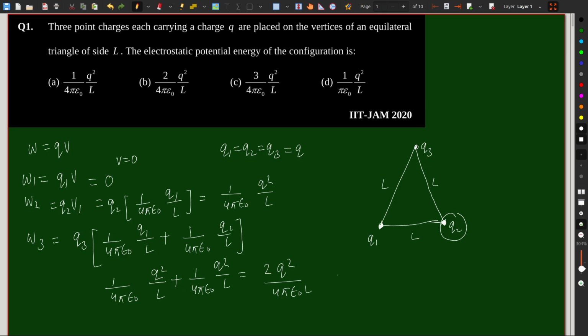So the total electrostatic energy is given by the total work done, W is W1 plus W2 plus W3.